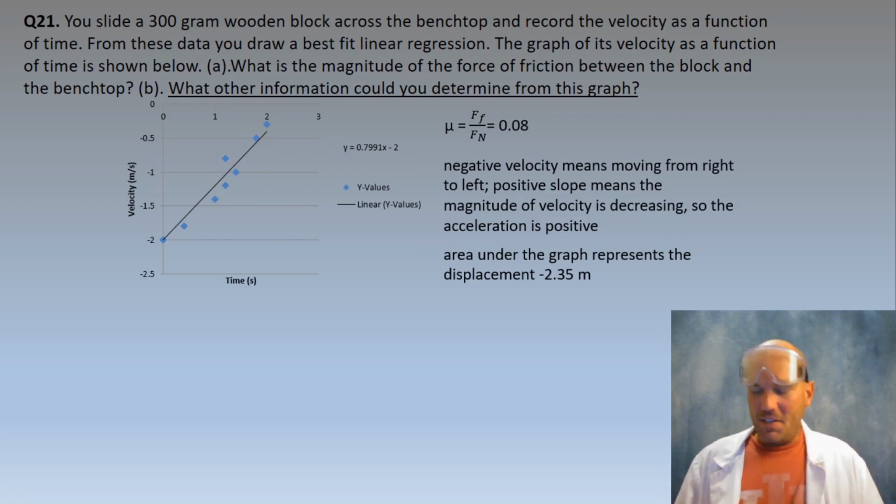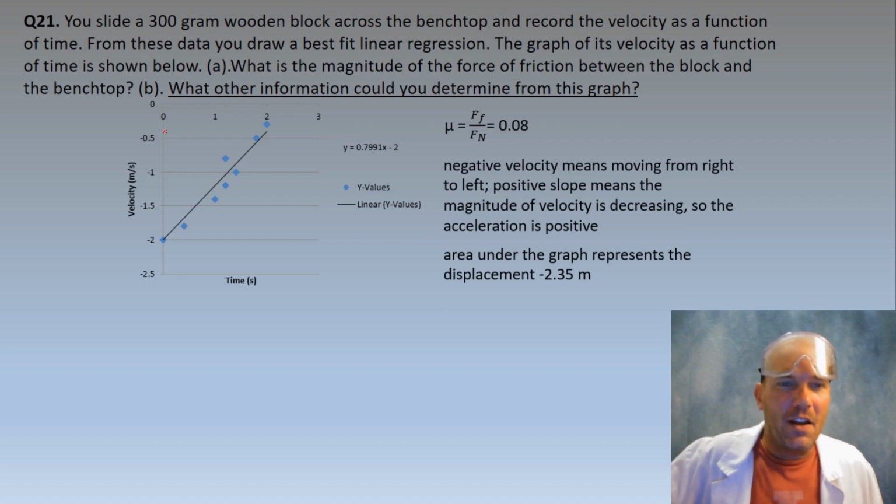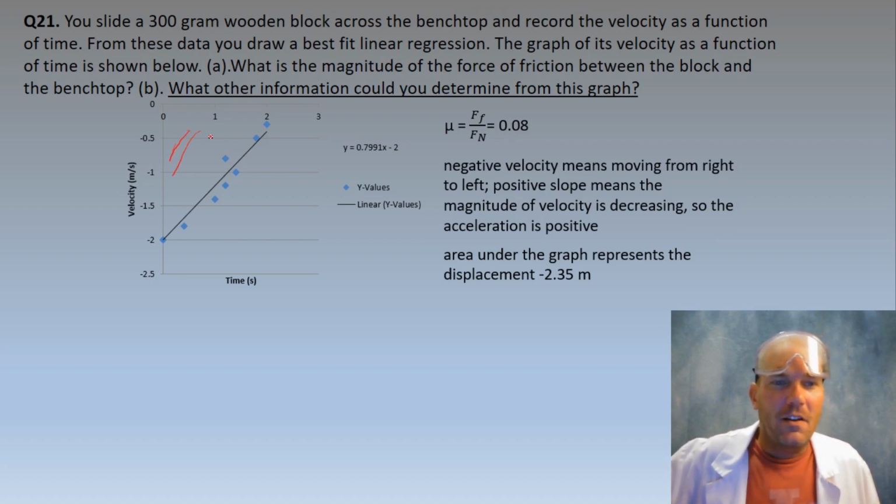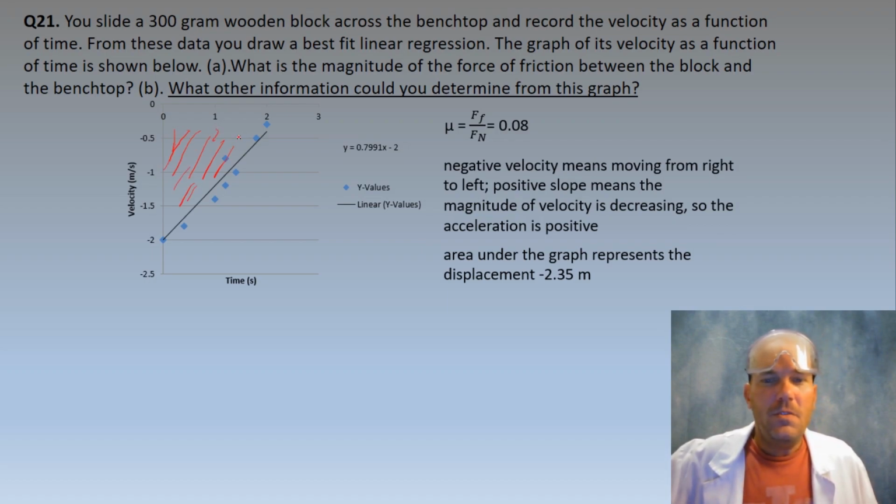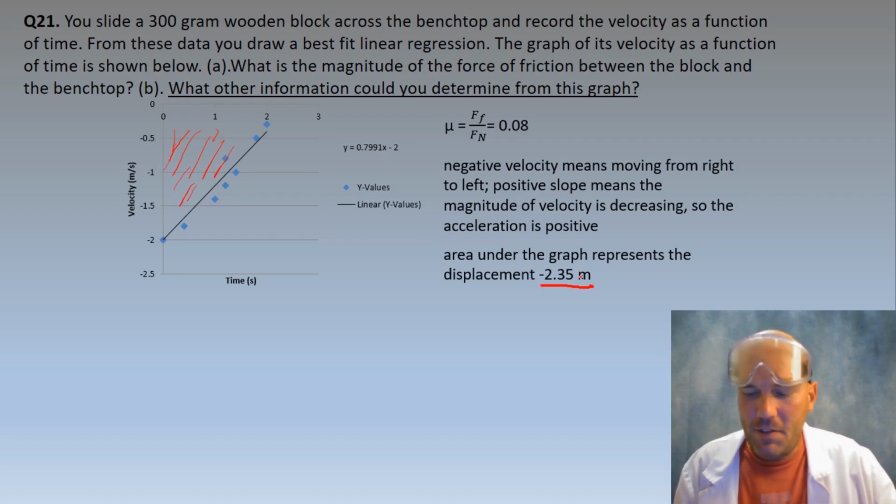So you can actually go through and find the area under the graph here. All right, you can go through, and I've done that. I want you to do it and see if you get about the same answer here of a negative 2.35 meters, which means, again, negative displacement means its change in position is to the left.